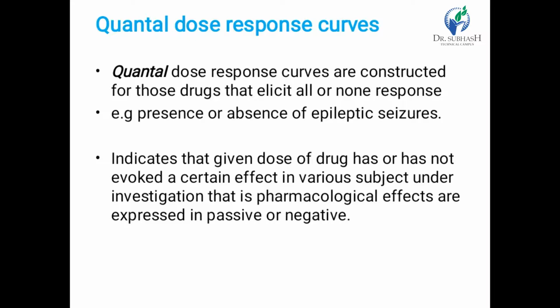The answer of a quantal response will be yes or no. All or none indicates that a given dose of drug has or has not evoked a certain effect in various subjects under investigation, that is, pharmacological effects are expressed as positive or negative. If the effect is there, the answer will be yes, and if the effect is not there, the answer will be no.